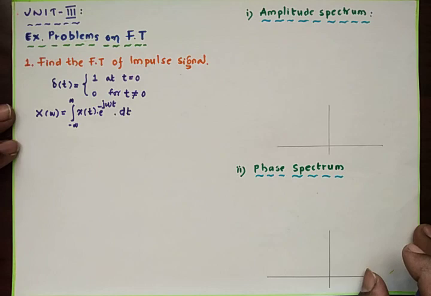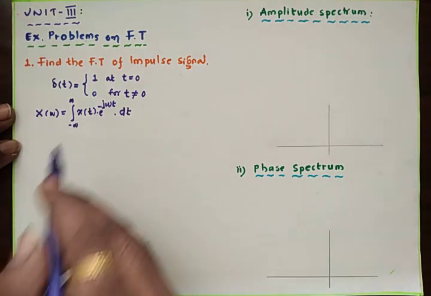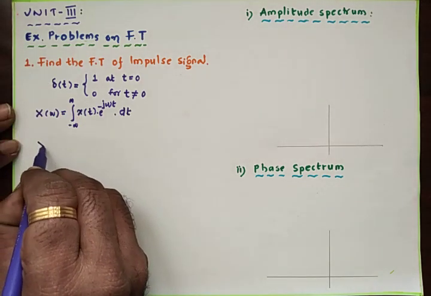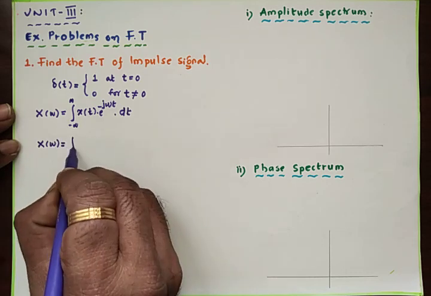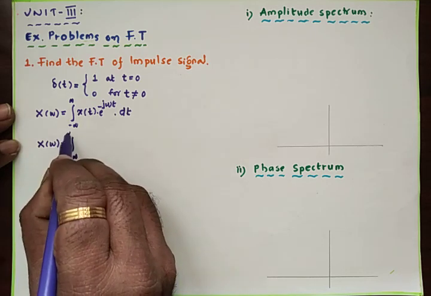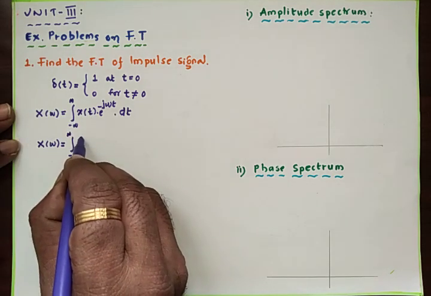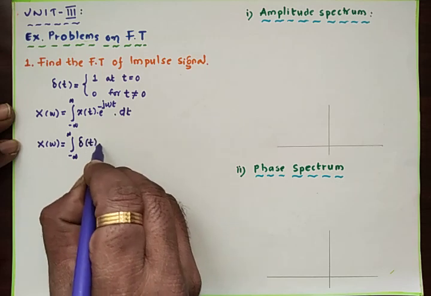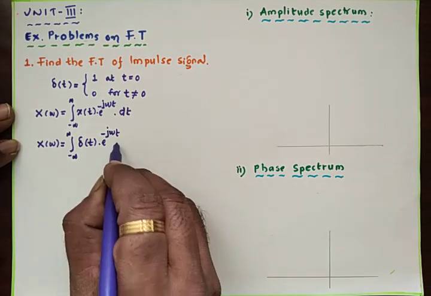Then we calculate the Fourier transform by substituting x of t by del of t. So X of omega is equal to the integral from minus infinity to plus infinity of del of t into e to the power of minus j omega t dt.